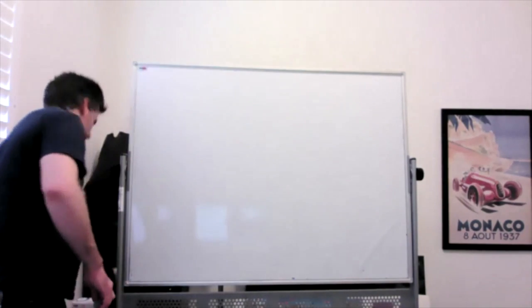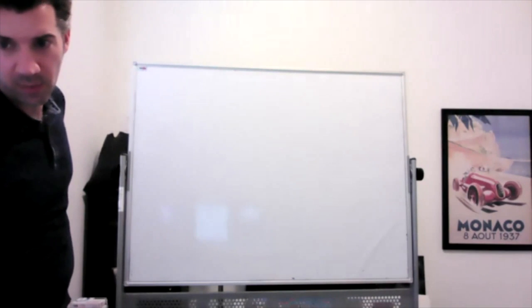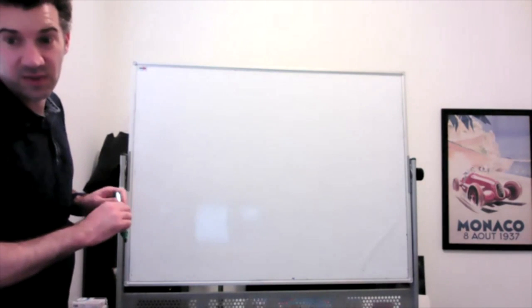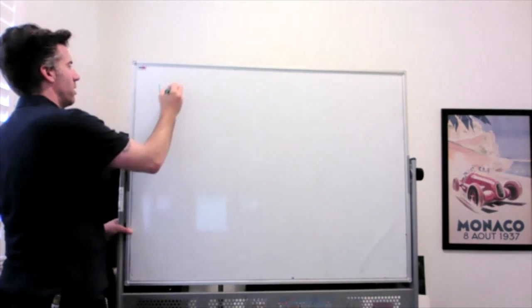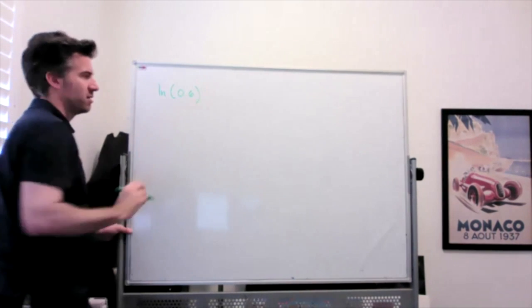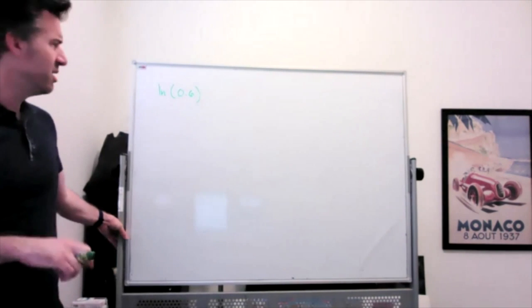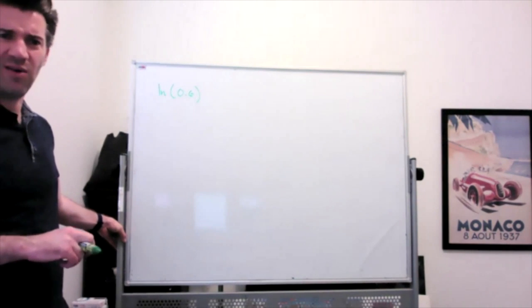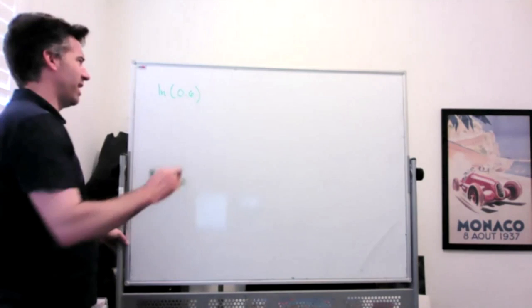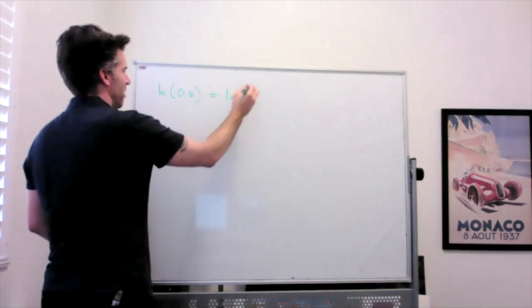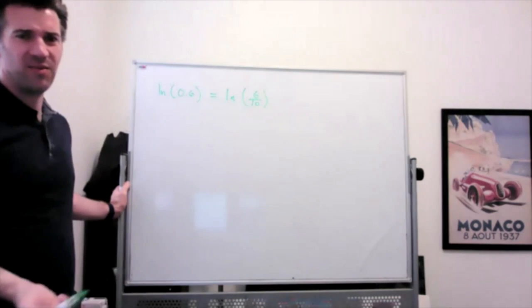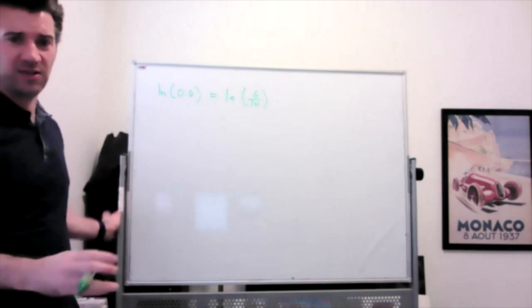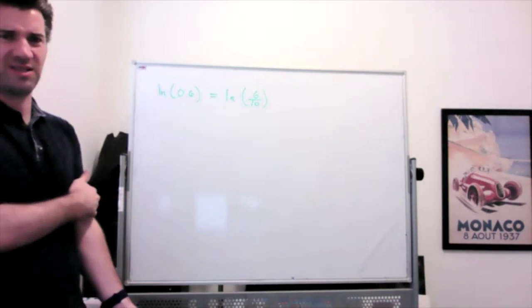All right, let's see if this pen's any good. A couple more. So this one's going to be a little bit harder. The following: the natural log of 0.6. Yeah, I don't have a 6 anywhere. Right? I could write this as the natural log of 6 over 10, and then write it as the natural log of 6 minus the natural log of 10, but I don't have a 6.